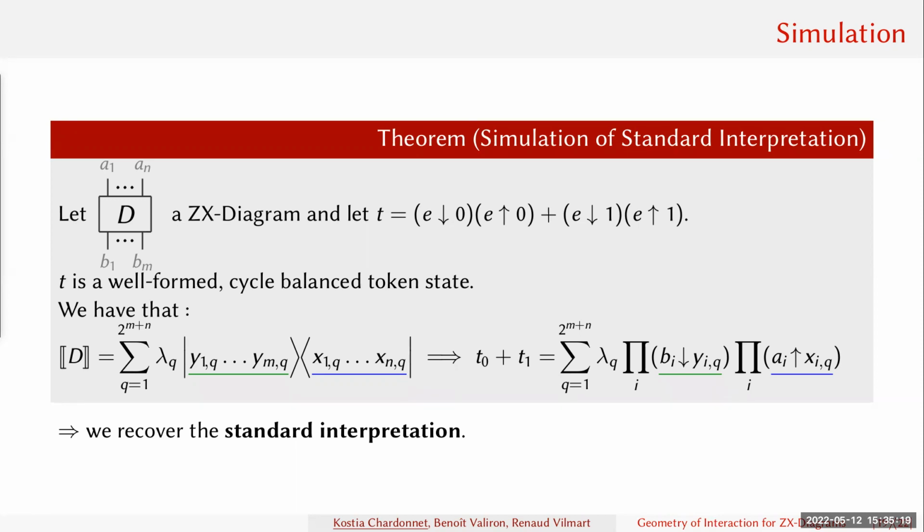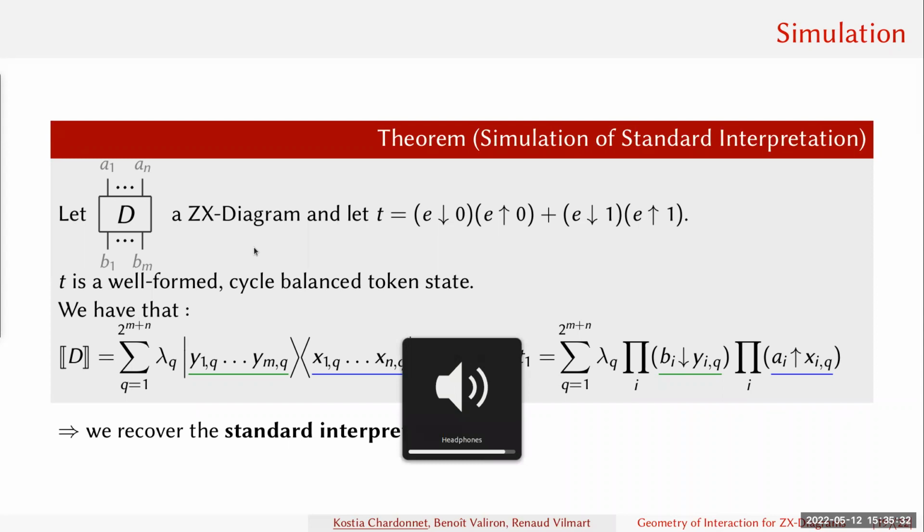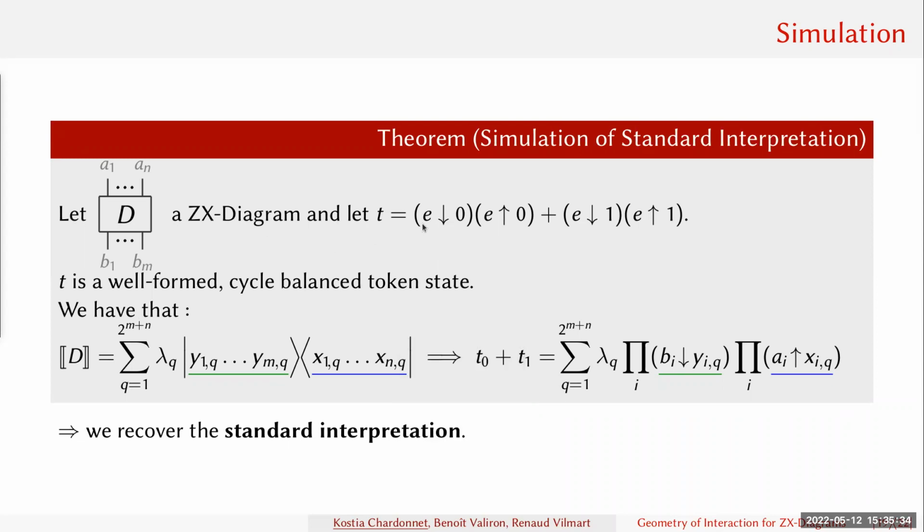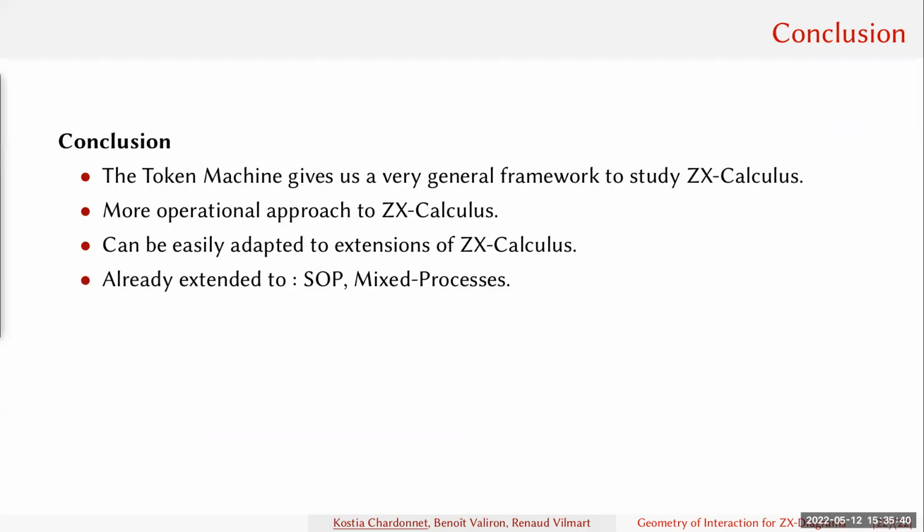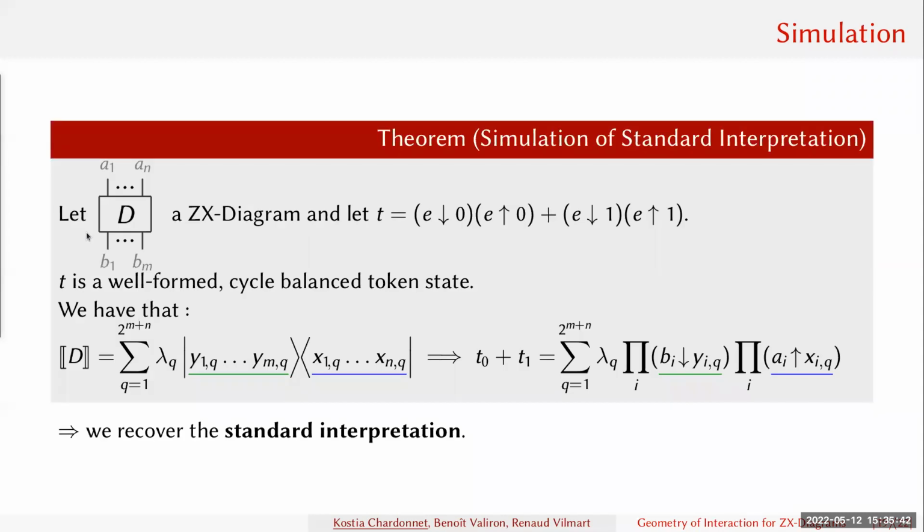Does anyone else have any questions now? Yeah. So these tokens, I can view them as like a red pi phase being pushed through the diagram, right? If I understand correctly, then like a red spider with one input, one output, and phase pi.